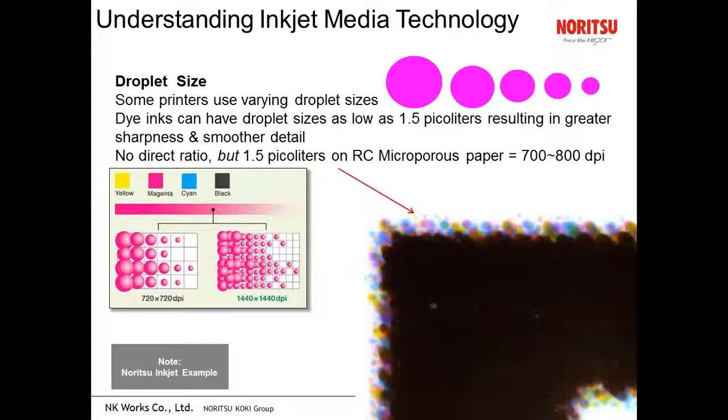So it would not be a fair comparison to say 1.5 picoliters is the equivalent of a certain DPI. But I will state that my research tells me that a 1.5 picoliter droplet on standard RC high-quality microporous paper, such as we use at Noritsu, would be the equivalent of about 700 to 800 DPI. That's pretty sharp.